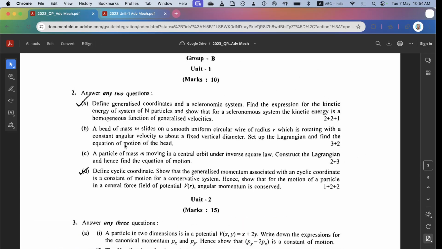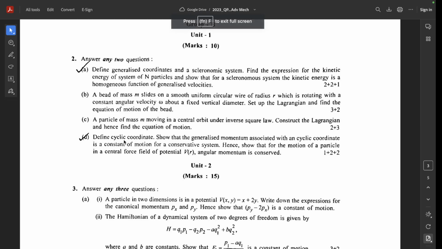Next question, 2D. Define cyclic coordinate, so that the generalized momentum associated with a cyclic coordinate is a constant of motion for a conservative system. Hence show that for the motion of a particle in a central force field of potential V(r), angular momentum is conserved.